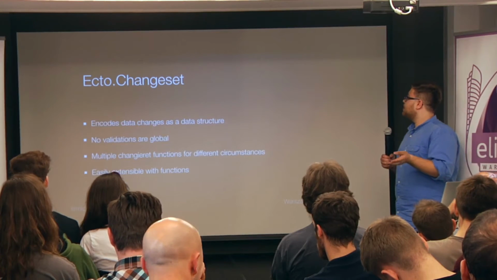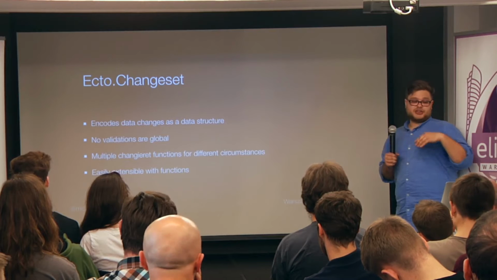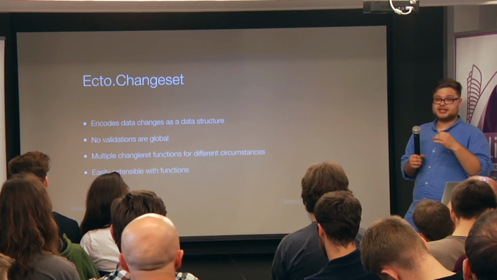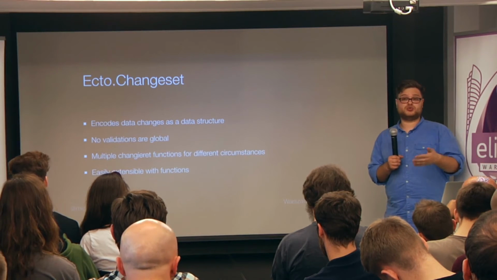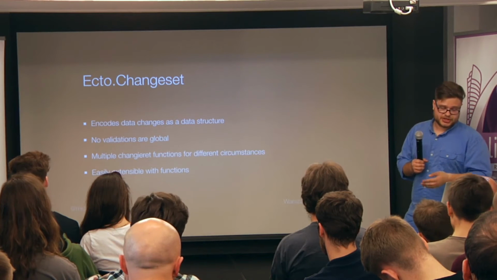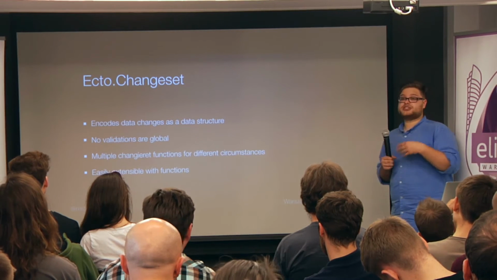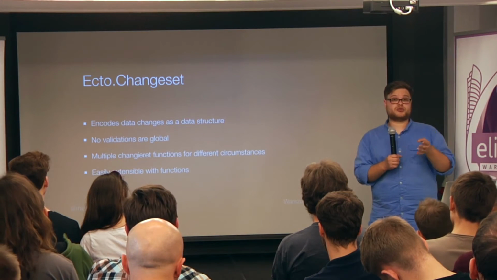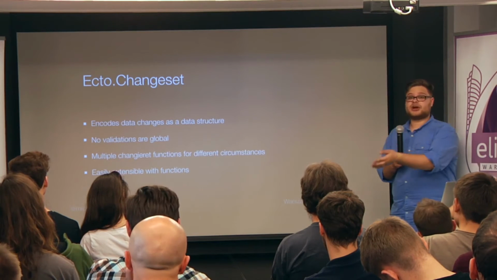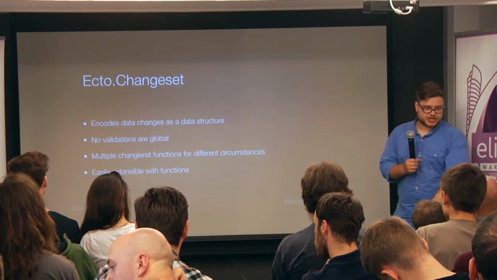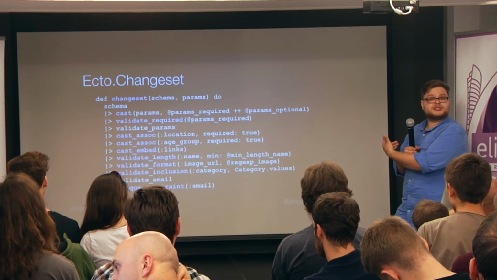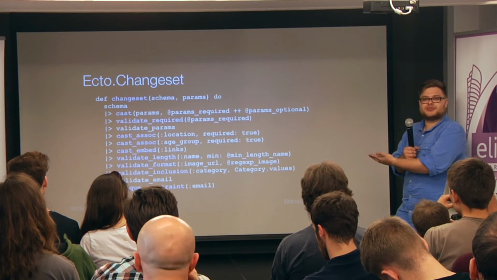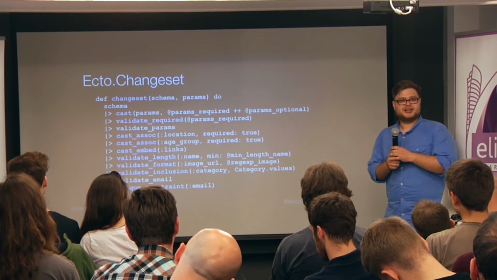So to sum it up, changesets encode the changes you want to make to your data as a data structure. No validations are global. When you, for example, have different validations for create operations and different for update operations, you can just create multiple changeset functions that create different changesets for create or update.